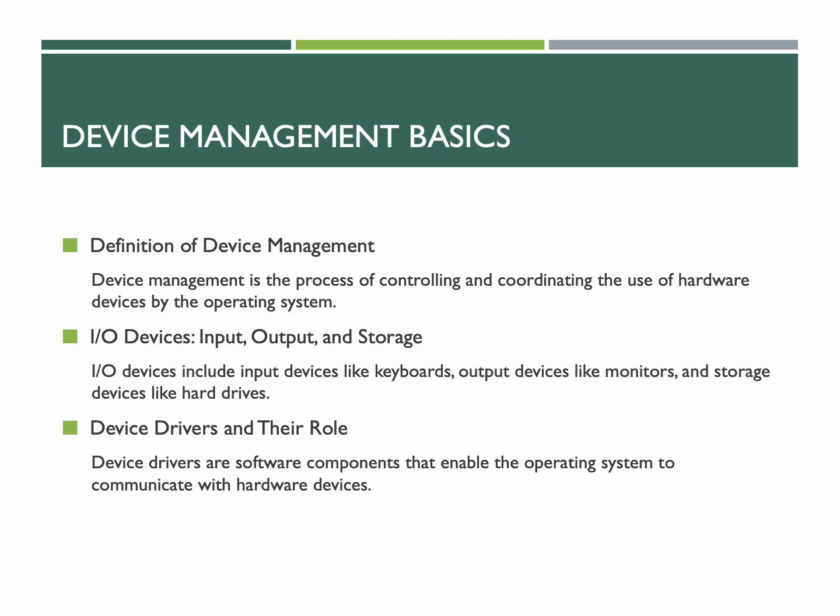Now we have IO devices. Input devices include keyboards, mice, and scanners that send data to the computer, like typing on a keyboard sends text to a word processor. Output devices include monitors, speakers, and printers that display or play data from the computer.